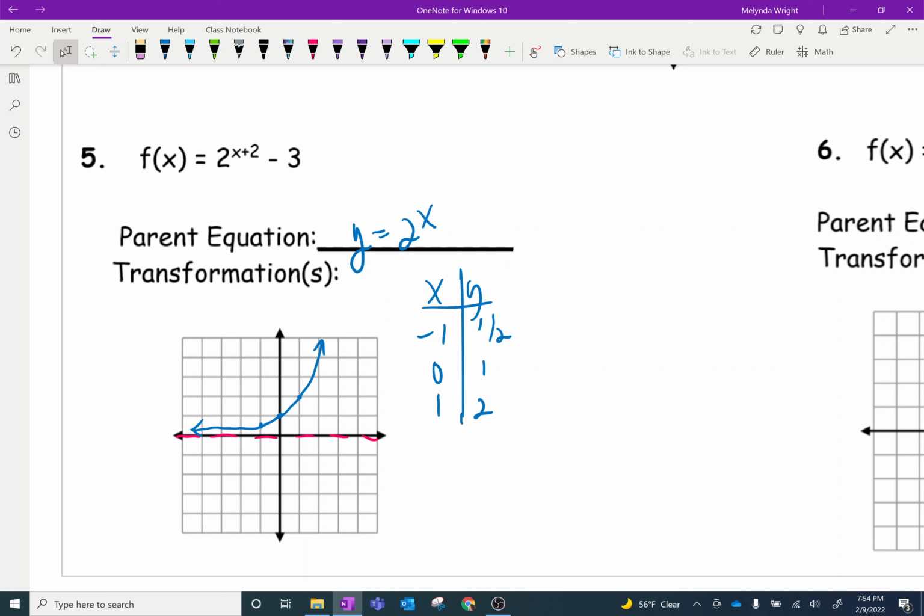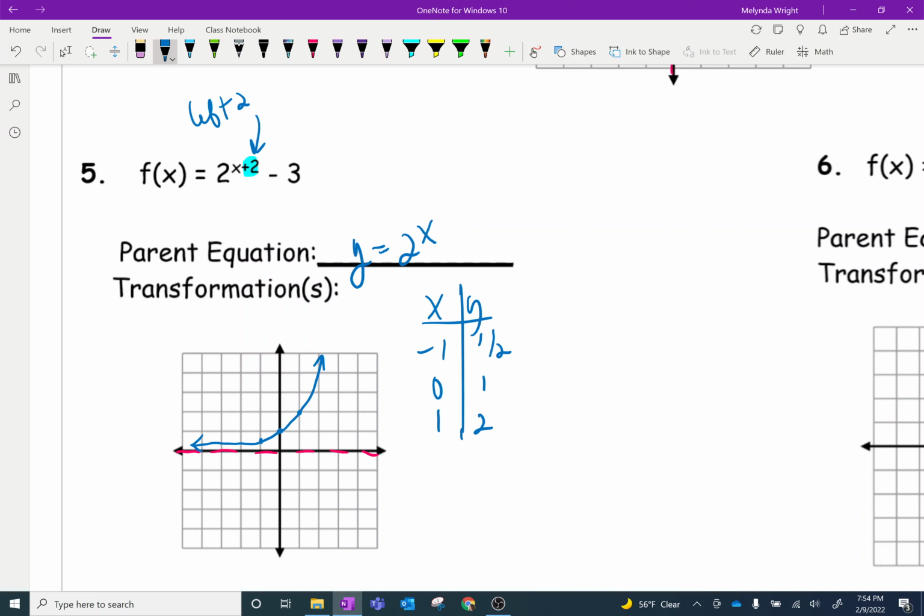Left 2 is a horizontal shift, so it affects the x value. We're going to subtract 2 from all x values, because that's what that transformation says.